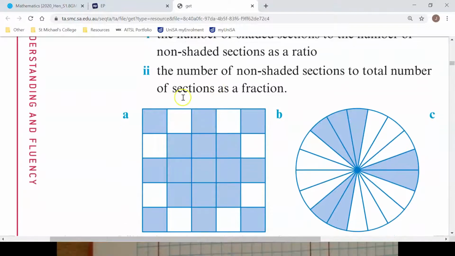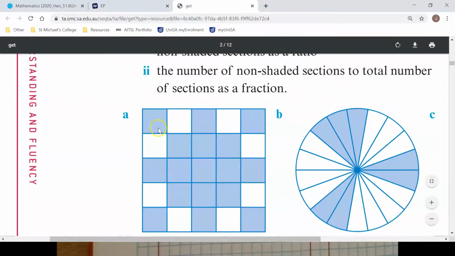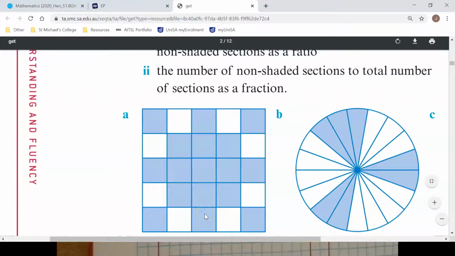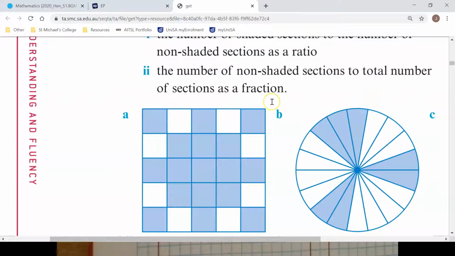So we have to look at how many are non-shaded: 1, 2, 3, 4, 5, 6, 7, 8, compared to the total number of boxes. Since it is 5 across and 5 down, how many total boxes will there be? 25. And they want us to write this one as a fraction. So the fraction of non-shaded to total would be 8 over 25.